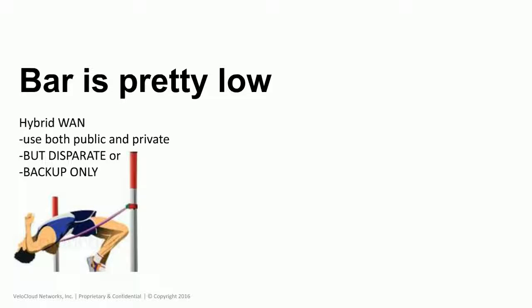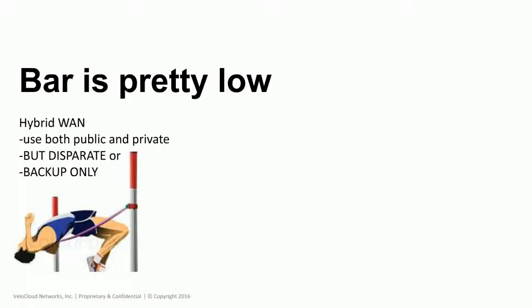And some of this is due to the addresses assigned by each provider. So these are, I think, the low bars: yes, we have hybrid WAN, but it's disparate networks. Or in the other case, if the traffic can leverage more than one circuit automatically, the second circuit, typically the internet circuit, is used only as backup for failover from the primary, which means there's another circuit's bandwidth and service cost that really is going unused.